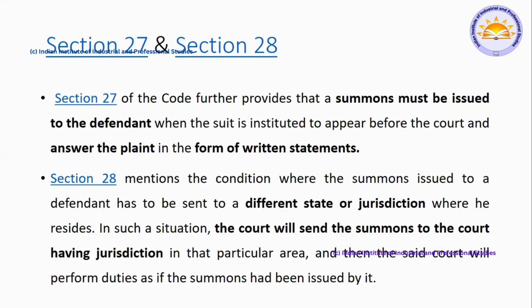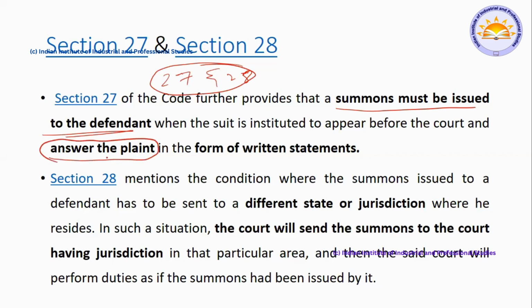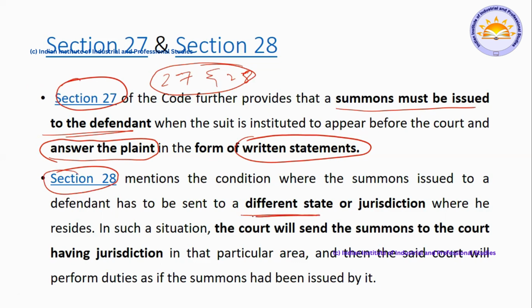Next, sections 27 and 28, very important. What do they tell? Summons must be issued to the defendant in order to answer the plaint through a written statement. That is Section 27. What does Section 28 speak about?